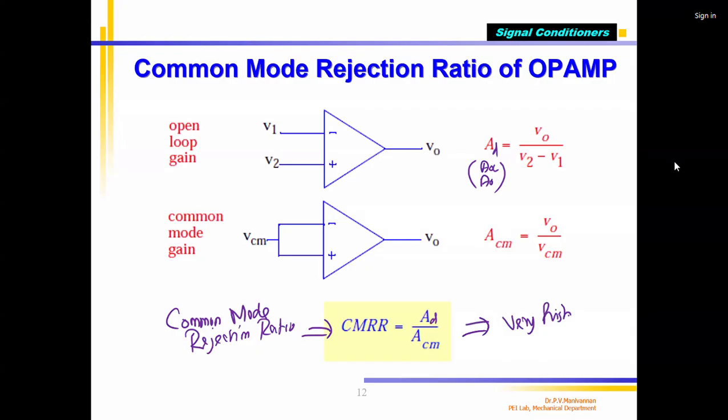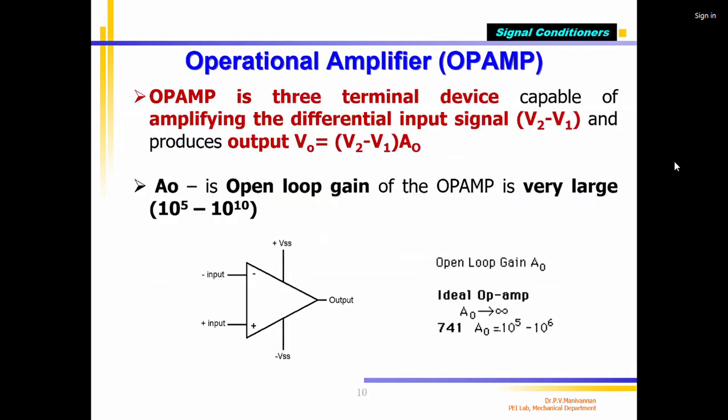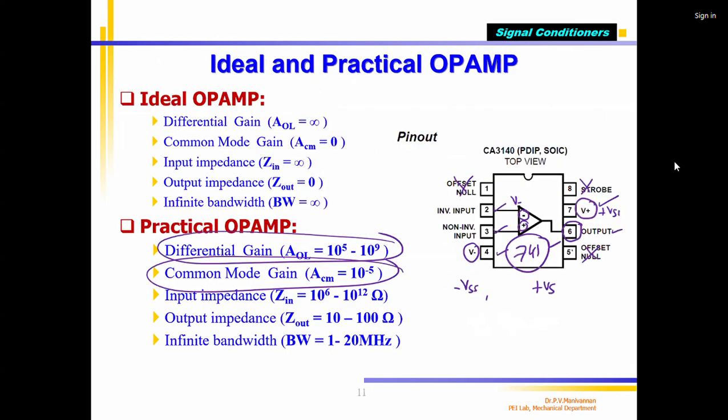We know that. What is my practical op-amp AD or AOL? I said 10 power 6. For example, the 741. What was the ACM for this one? It was a very small value, we saw, here 10 power minus 5.